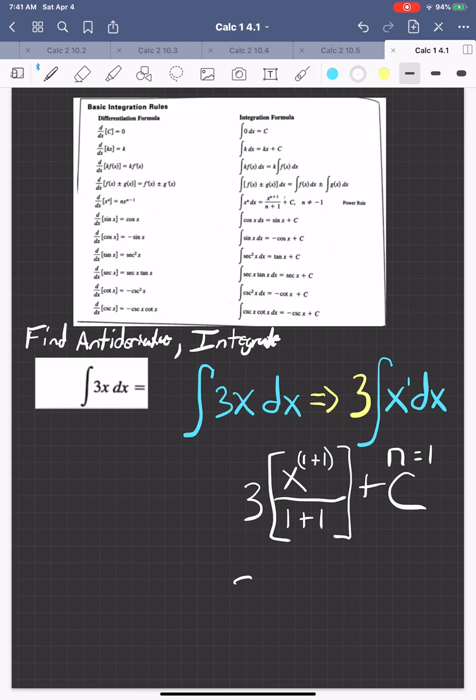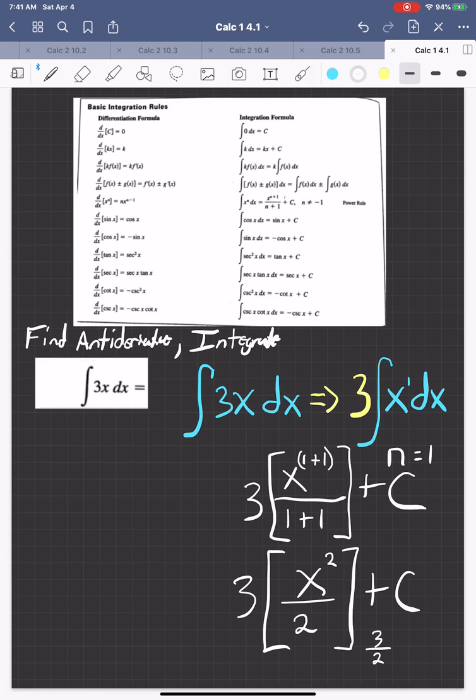So this is going to be 3 multiplied by what? x squared over 2 plus c, which is basically 3 halves x squared plus c.